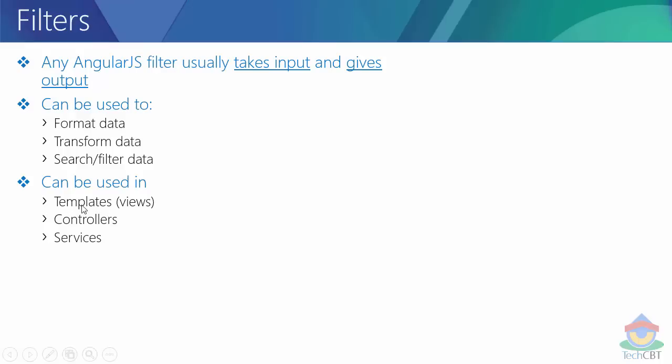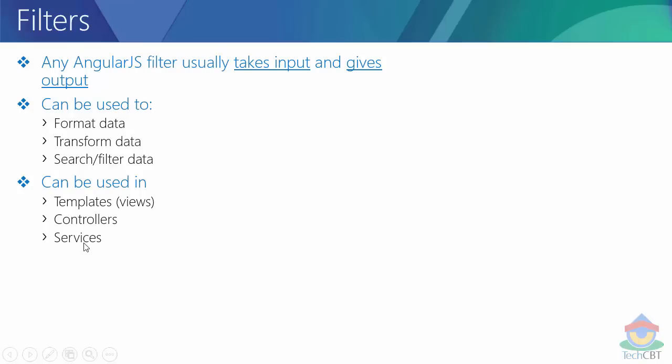But there will be situations where you would like to use filters directly inside the controllers, whenever you would like the respective scope members to be modified with some kind of data. In such a case, you can use filters in the controllers as well. And imagine you'd like to format or transform the data right inside the services before providing that information back to the controllers. Probably you can use filters right inside the services too.